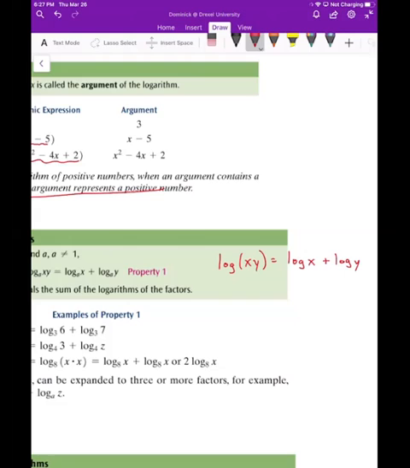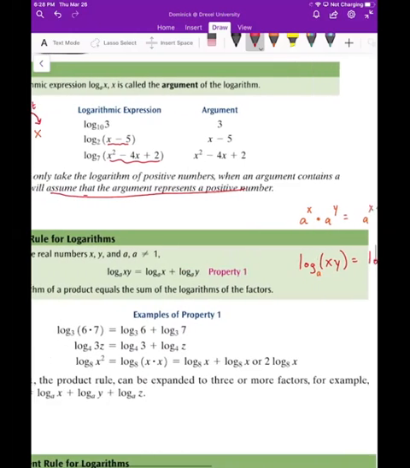The reason we're allowed to do that is that, and of course this works for any base, if you multiply two exponents with the same base, what do you do with their exponents? You add them. So in this convoluted way, you have multiplication leading to an addition of some kind, and that's where this rule stems from.